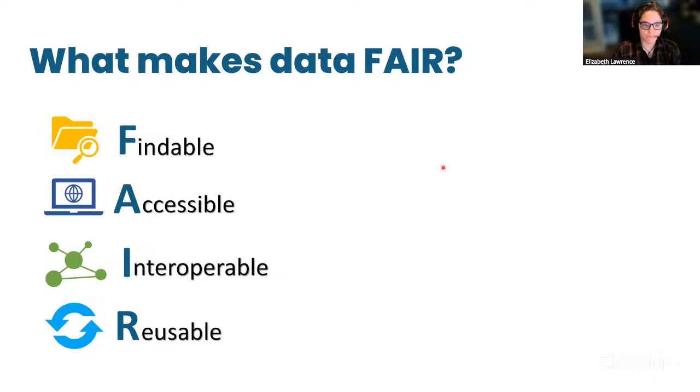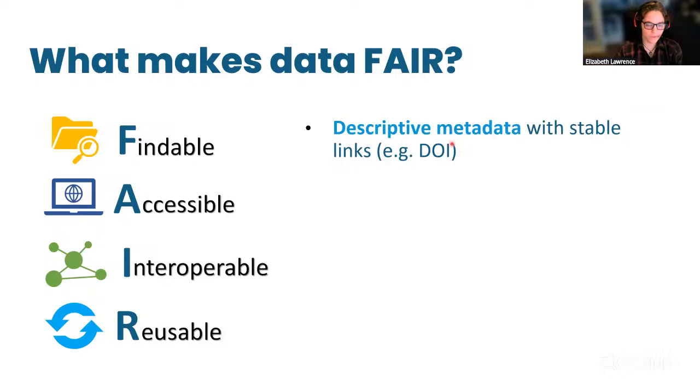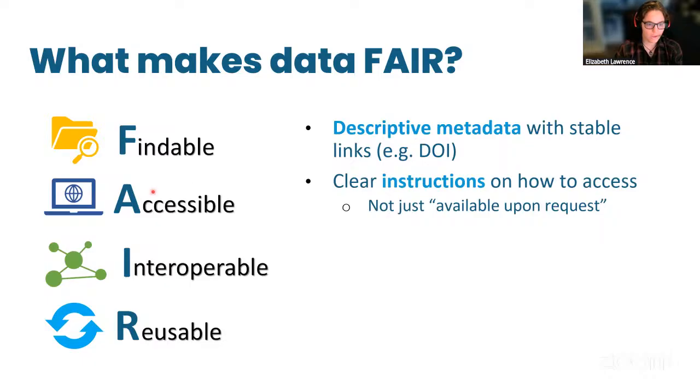Let me summarize each aspect of FAIR, starting with Findable. Findable means that we're using descriptive metadata that enables finding our data, so using things like DOIs. Accessible means that there's very clear instructions on how to access our data, and this goes beyond just "available upon request" statements.